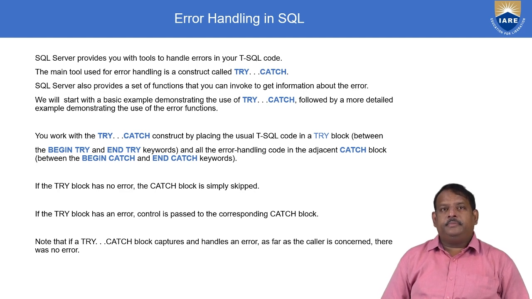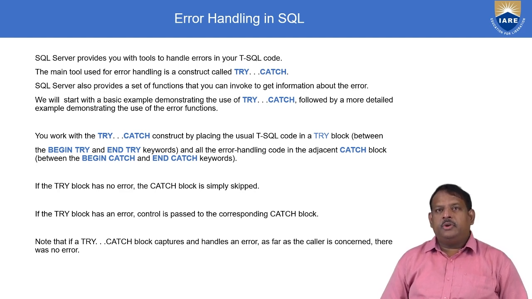SQL Server provides you the tool to handle errors in your T-SQL code. So what is an error? Suppose you're trying to divide by 0. It is going to give an error. That is one type of error.